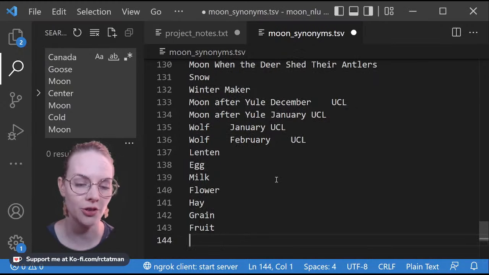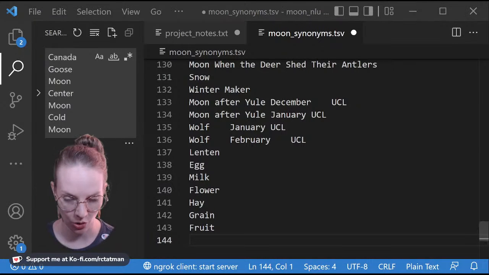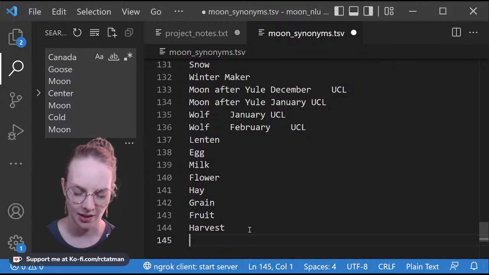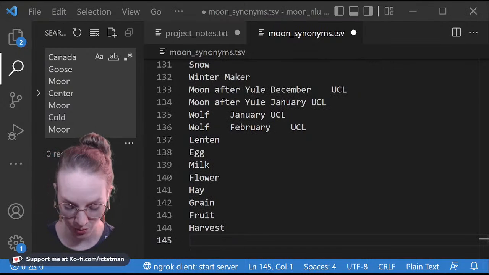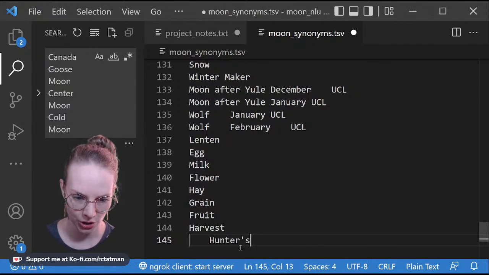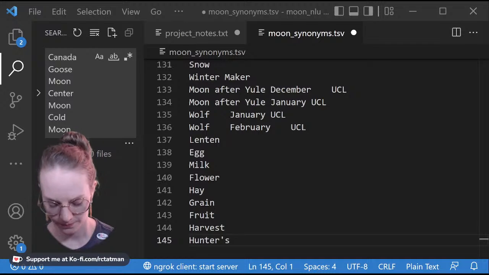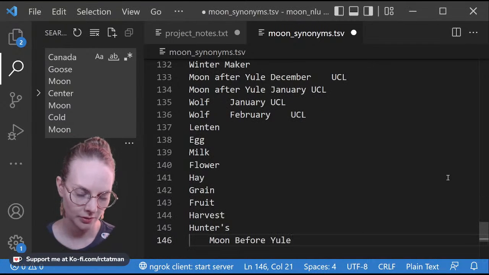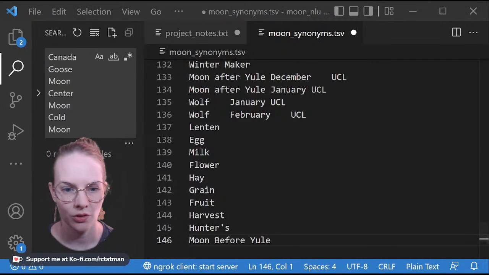Fruit here in the US. These are going to be slightly off, but I think people will still use them. And then the harvest, and then the hunters, which we had, and then the moon before Yule.